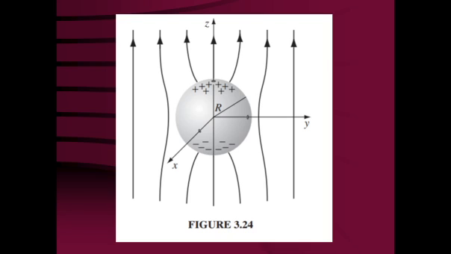They will experience a force in an electric field, that is force equal to Q into E. That means the positive charge will move toward the direction of the electric field and the negative charge will try to move in the opposite direction to the electric field, and that way it will push the positive charge to the northern surface of the sphere, leaving the negative charge on the southern surface of the sphere. That means this charge is induced on the surface of the sphere.